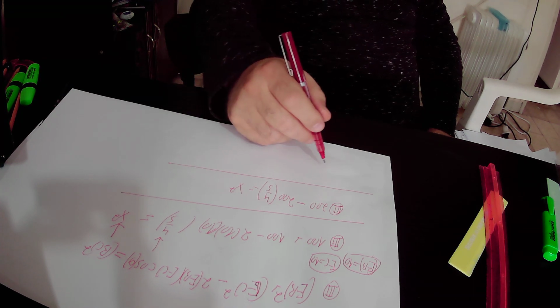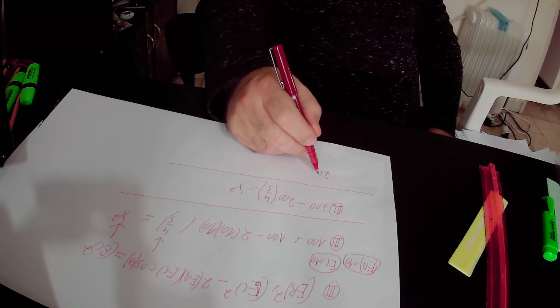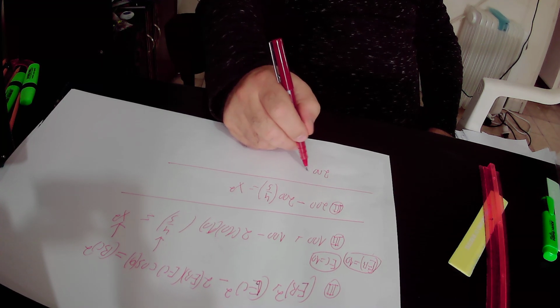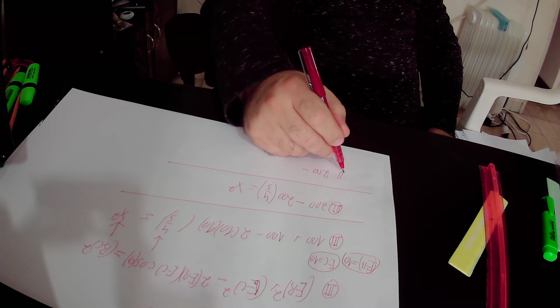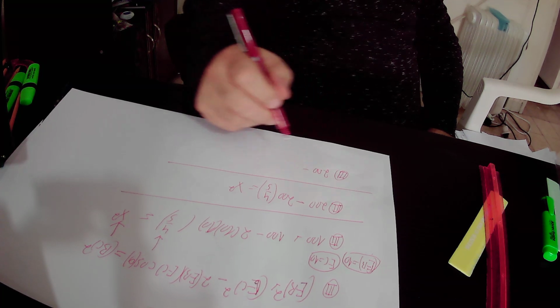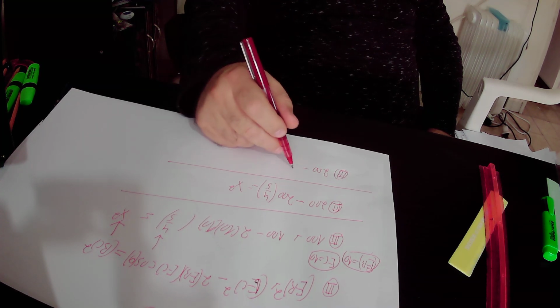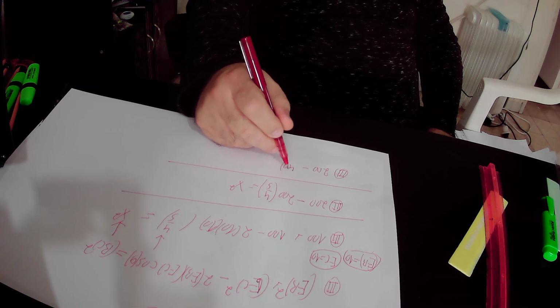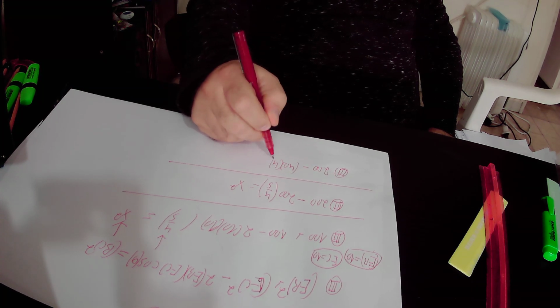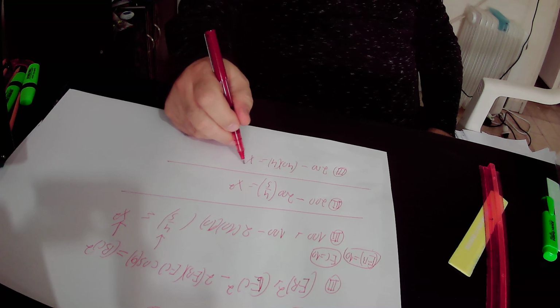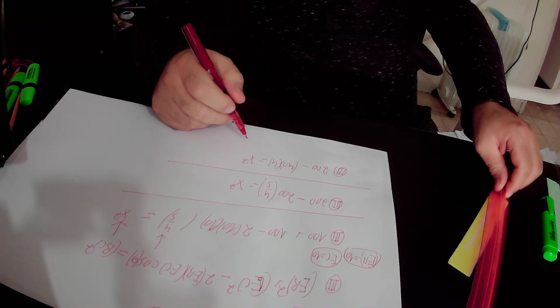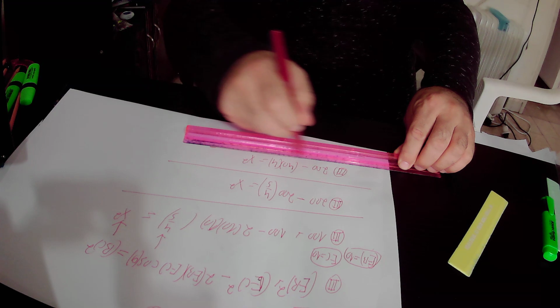So it is 200 minus 40 times 4 equals x squared. Minus 40 times 4 is minus 160, so we write it down.